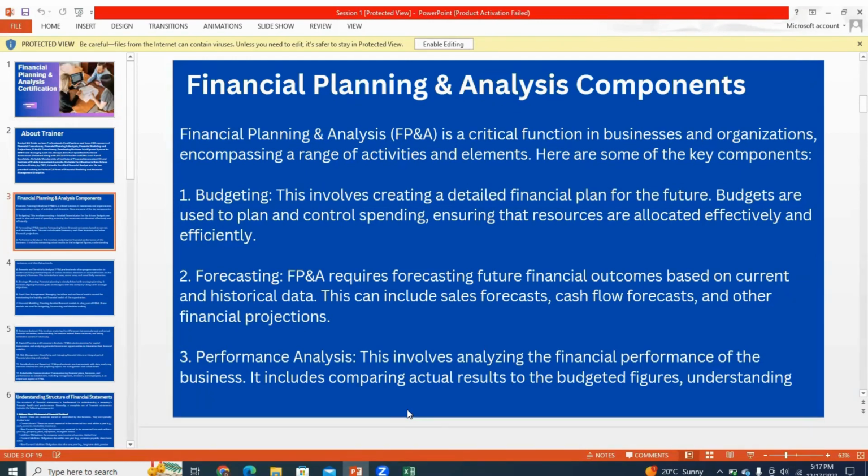So the next point says forecasting. Financial planning analysis requires forecasting future financial outcomes based on current and historical data. As I showed you in the financial model, it includes the historical data as well as the projected, forecasted data. It says this includes sales forecasts. We have seen it says cash flow forecasts.